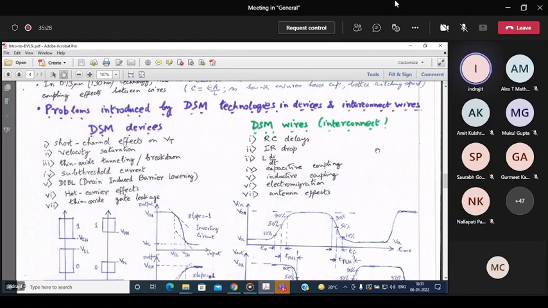But what is the effect of having multiple layers is that during the fabrication process, there are certain mechanisms. I don't know the details. You can study if you are interested, like sputtering, or chemical mechanical polishing (CMP). During these processes, what happens actually, charge tends to build up on the metal layers.